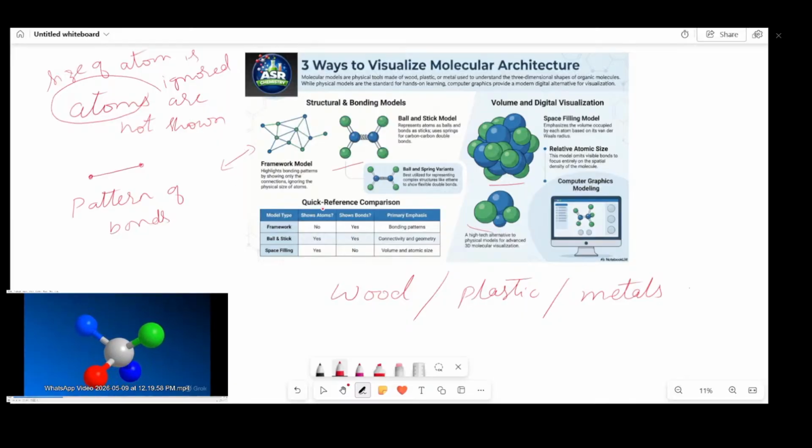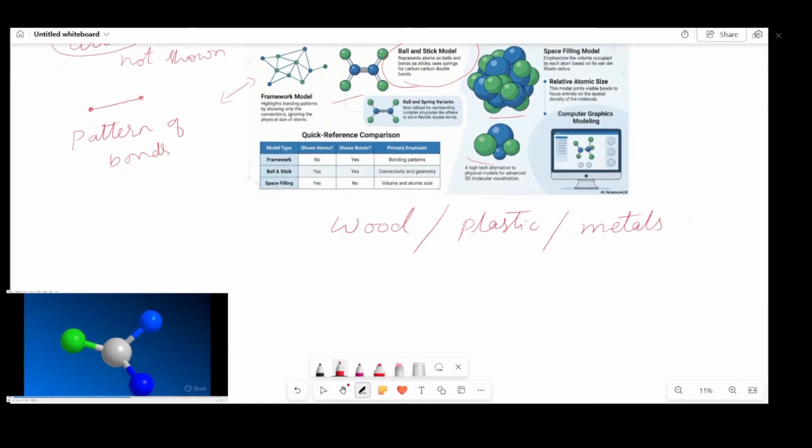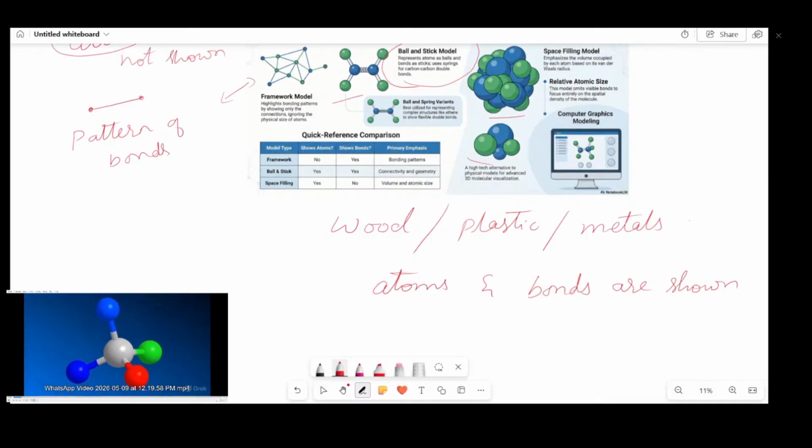Okay. Now the next type is the ball and stick model. In the ball and stick model, both atoms as well as bonds are shown. The sticks denote the bonds.